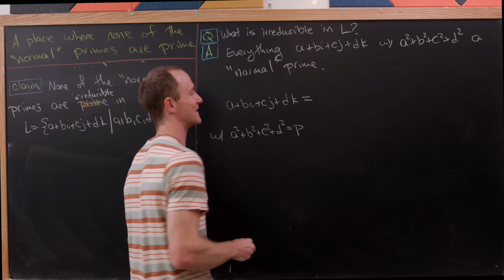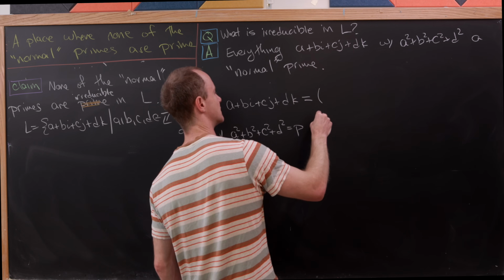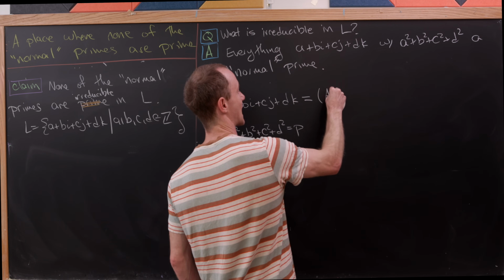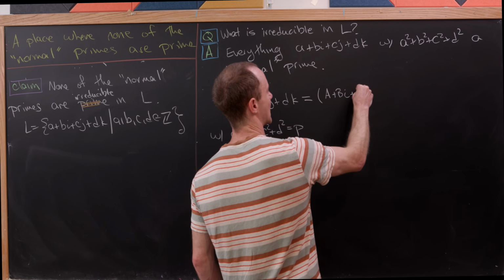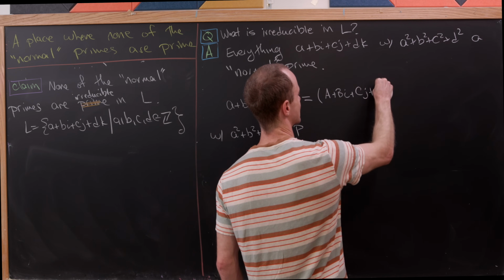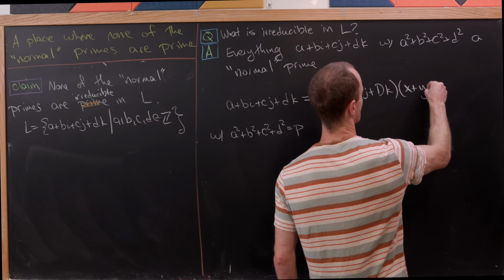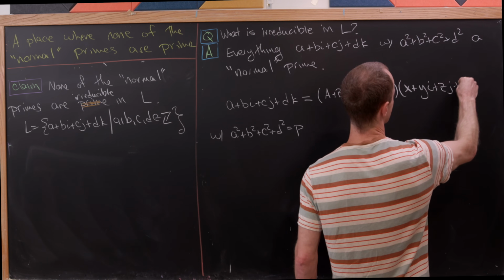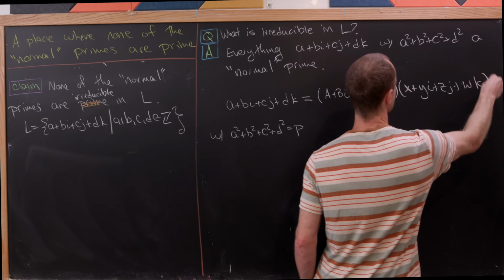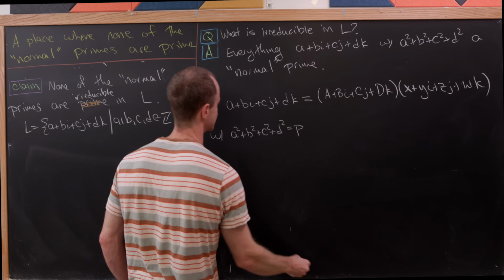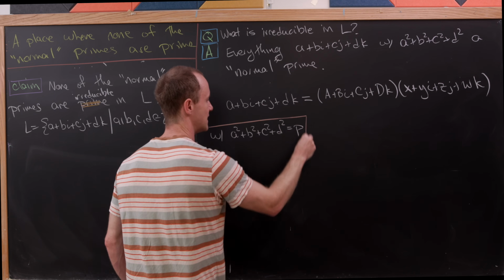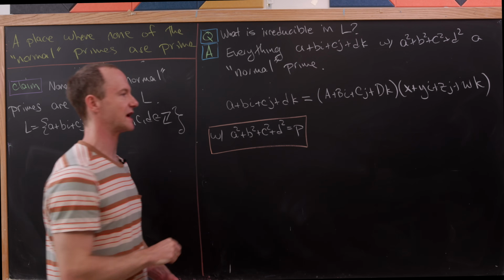And then we could try to factor this. Perhaps it would factor something like capital A plus capital BI plus capital CJ plus capital DK, and then X plus YI plus ZJ plus WK. So that would be our factorization of this thing which we're saying is irreducible.